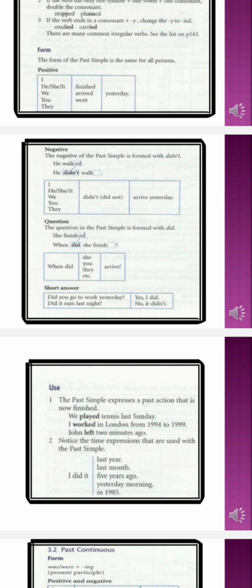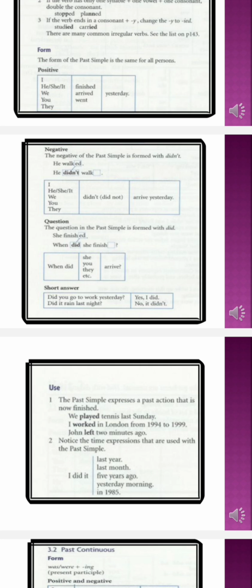I didn't arrive yesterday. She, he, it didn't arrive yesterday. We didn't arrive yesterday. You didn't arrive yesterday. They didn't arrive yesterday.